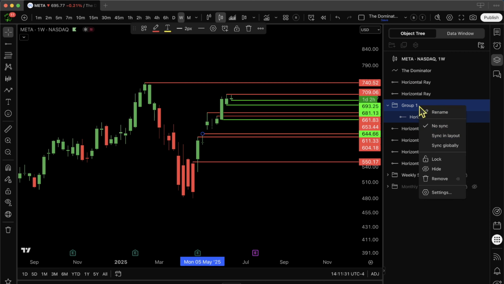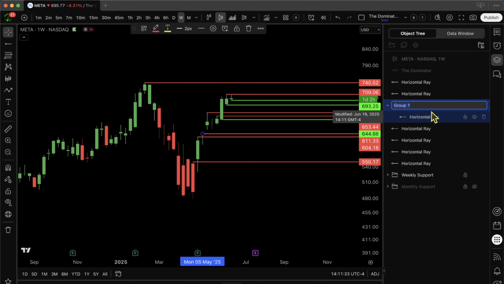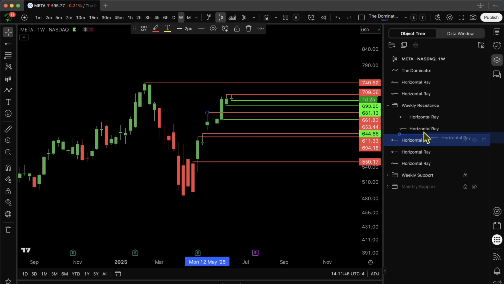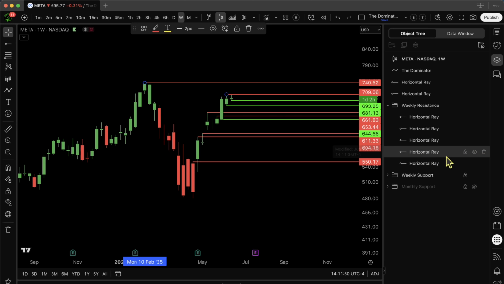I am going to create a new folder and I'm going to call it weekly resistance. Now, you can put all of them in the same folder if that's what you choose. I choose to have them separate, and I'm just going to drag and drop all of my resistance lines or horizontal rays right into that area.